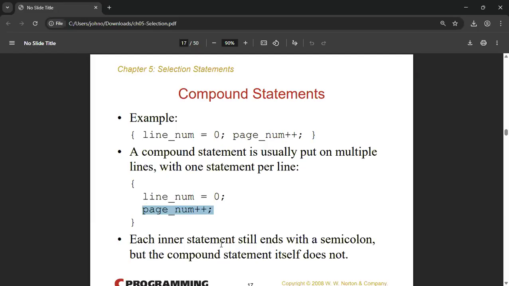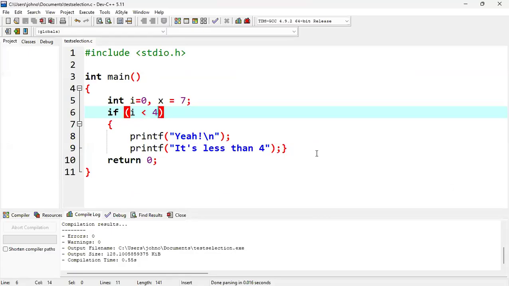Each inner statement still ends with its own semicolon, but the compound statement itself does not have a semicolon. The compound block itself does not have semicolon. So what it means is inside of this if, you can have another if. So the lines of that if will have its own semicolon, but the compound statement itself will not have semicolon.